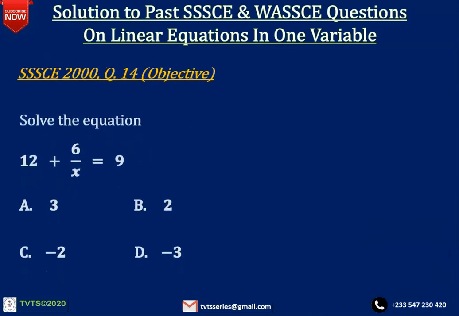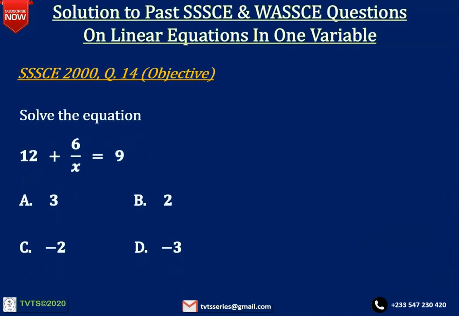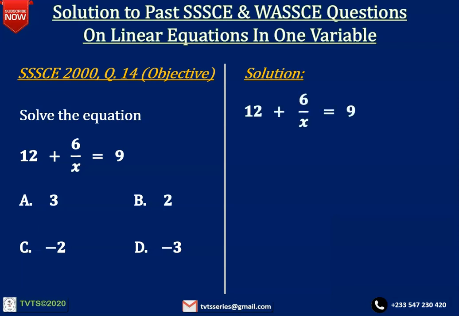SSSCE 2000. Objective question 14. Solve the equation 12 plus 6 over x is equal to 9. Solution. We are given the equation 12 plus 6 over x is equal to 9.